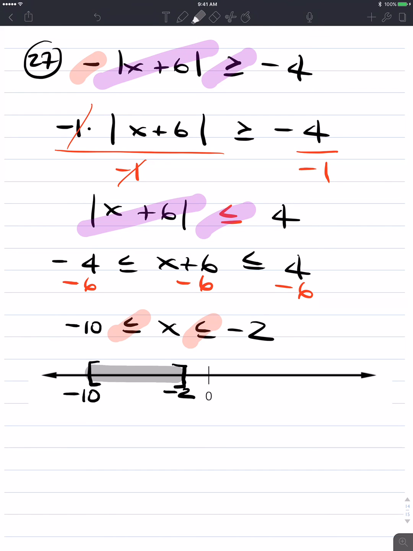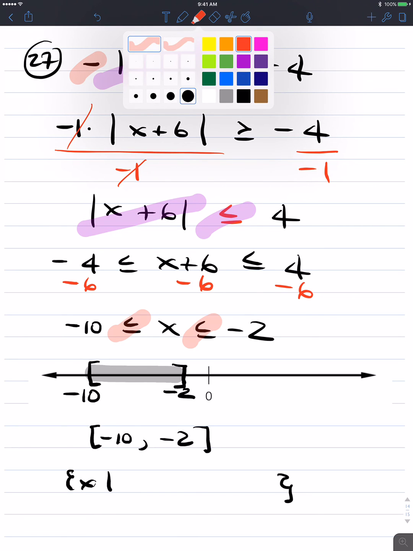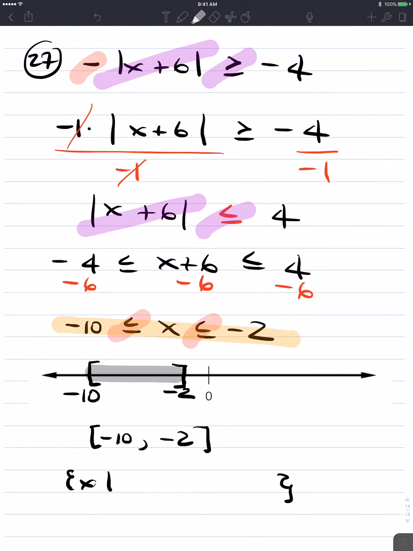We've got to use these square brackets. Interval notation is from negative 10 up to negative 2, including negative 10 and negative 2. Set notation, the set of all x such that we need a description. This is my description. This is set notation.